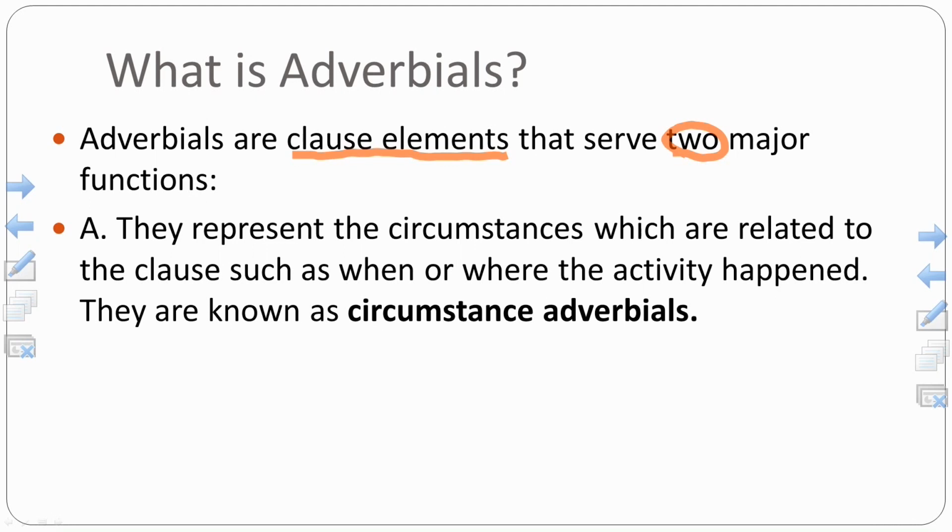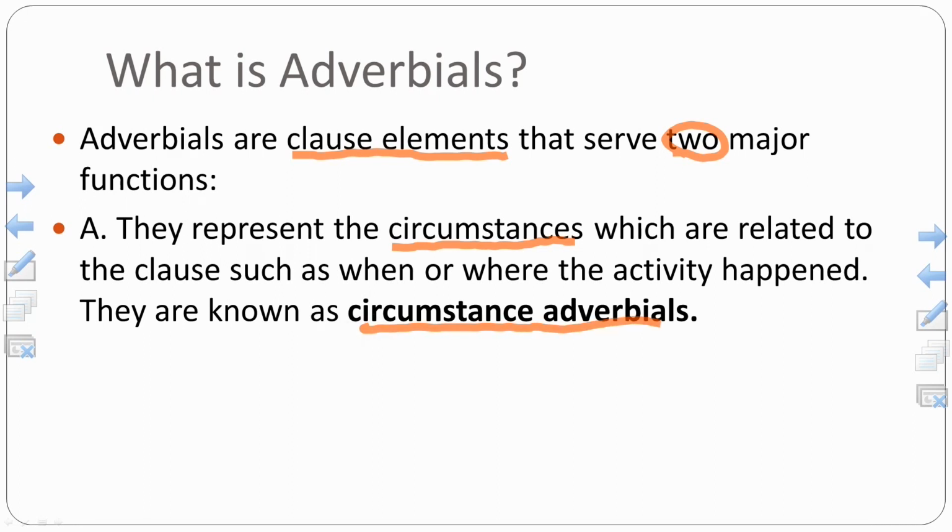So A, they represent the circumstances. As we just discussed in keywords, they represent circumstances related to the clause, such as when or where the activity happened, what exactly, at what time, and when exactly it happened. So they are known as circumstance adverbials, as we have highlighted here.